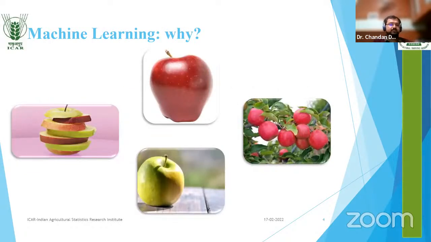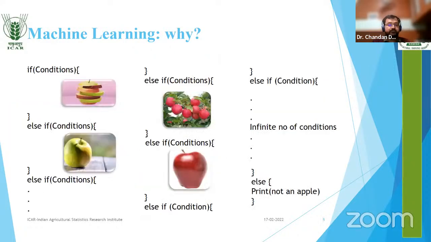So why is machine learning required? In this picture, these are apples. Some sort of salad is also apple. This red apple is also an apple. This green apple is also, and this bunch of apples is also apple. This is very clear to a human being, but it is very difficult to program a machine for this.